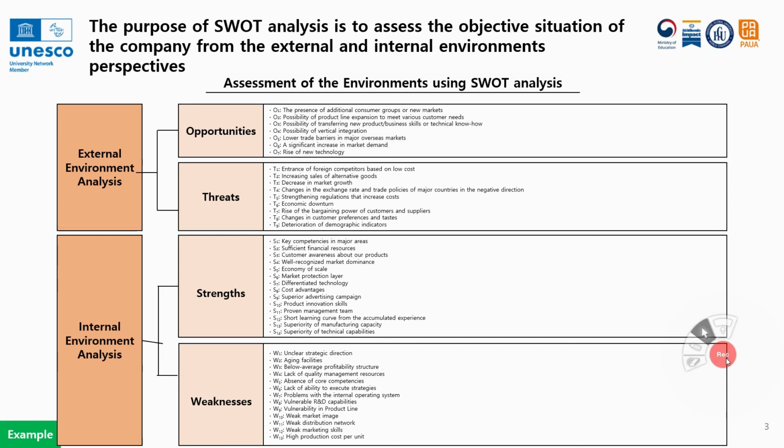So in the SWOT analysis, we are looking at a lot of external and internal environmental factors. And the purpose of the SWOT is looking at those factors from the company's perspective, very objectively. What's the implication of those factors to the business of our company? That's the beauty of doing the SWOT analysis.